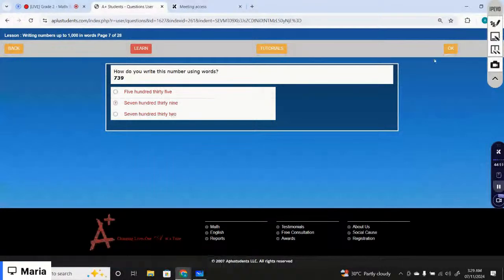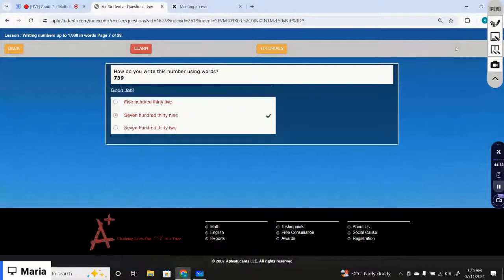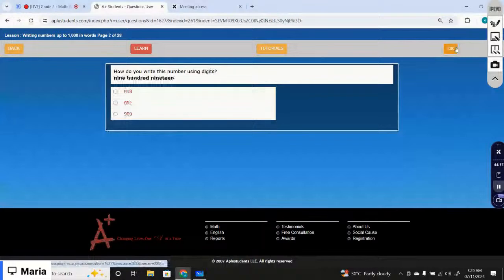739. Option number 2 is the correct option. How do you write this number using digits? 919. So, which is the correct option?